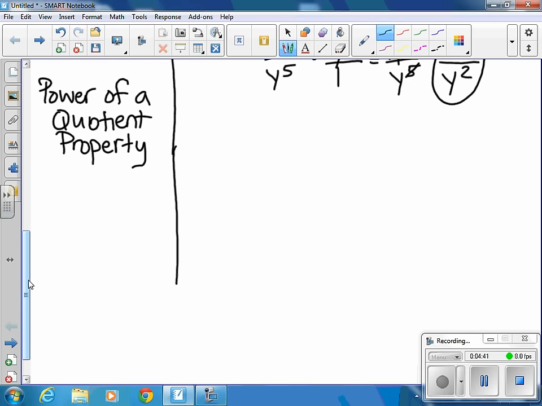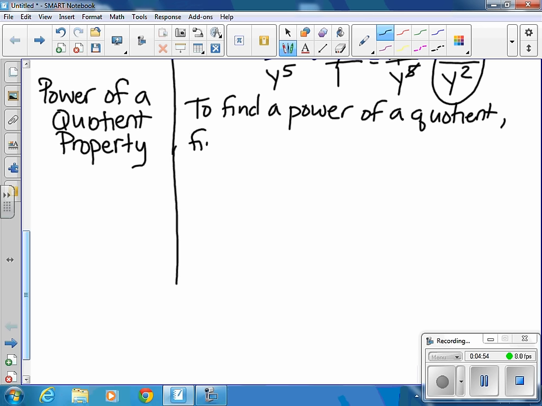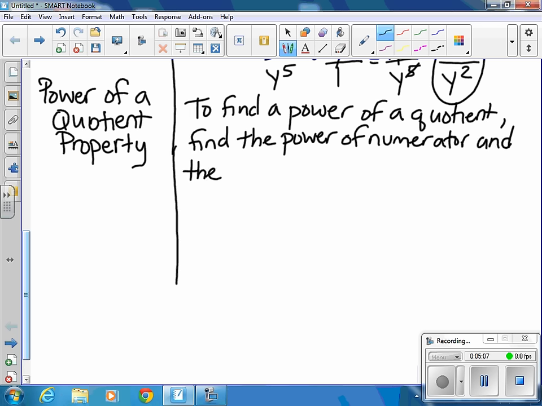Right, so here's what this property says. To find a power of a quotient, you are going to find the power of the numerator and the power of the denominator, and divide.